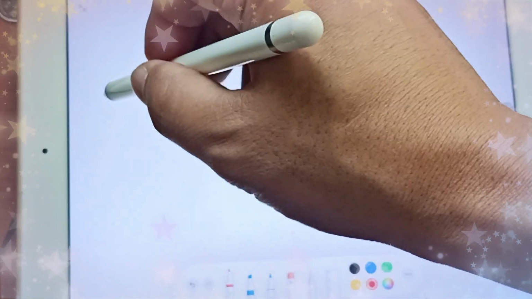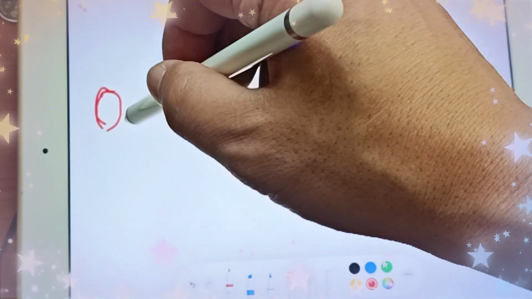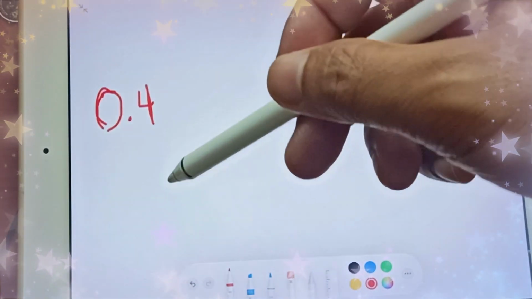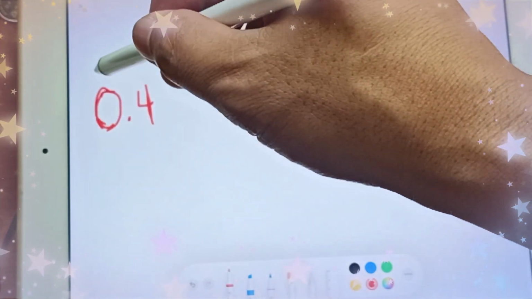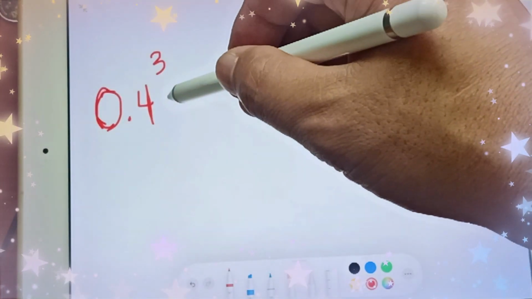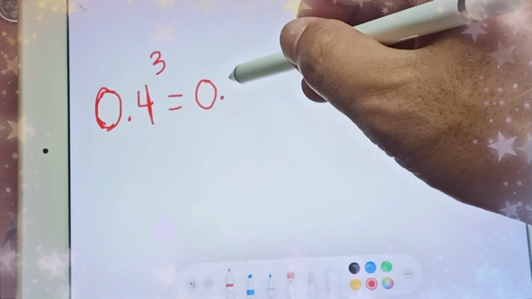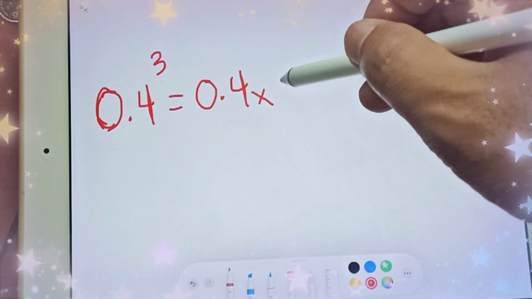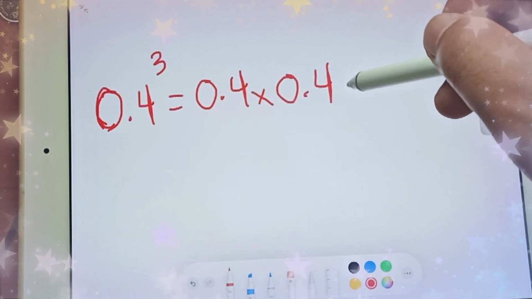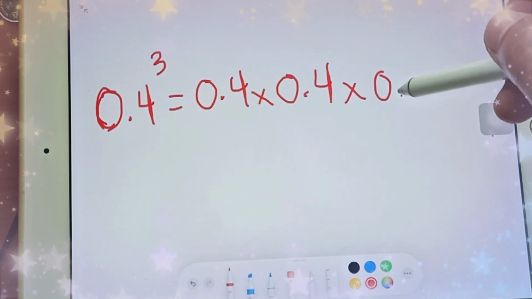How about if you have a decimal number? For example, 0.4 cube, which is equal to 0.4 times 0.4 times 0.4.